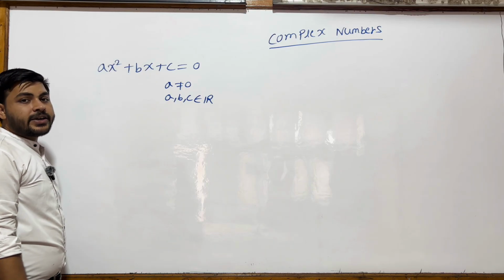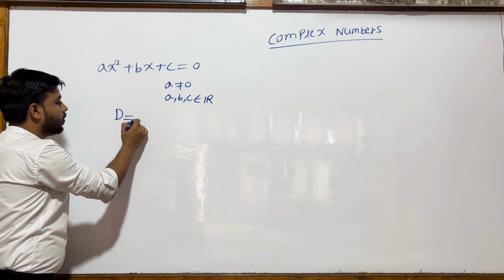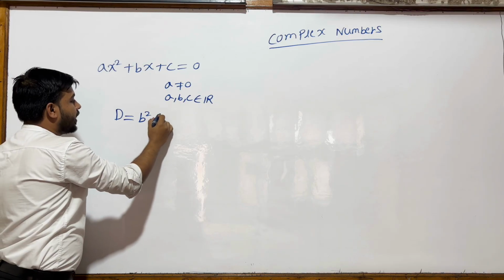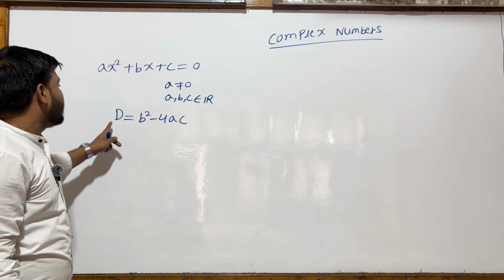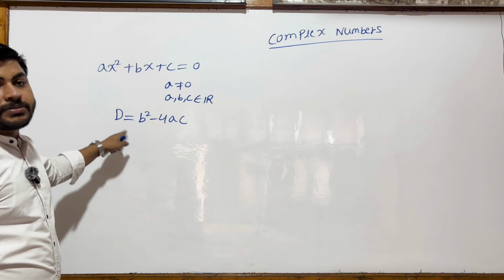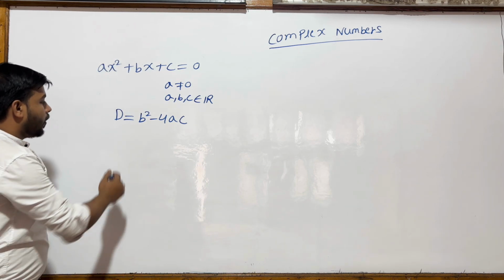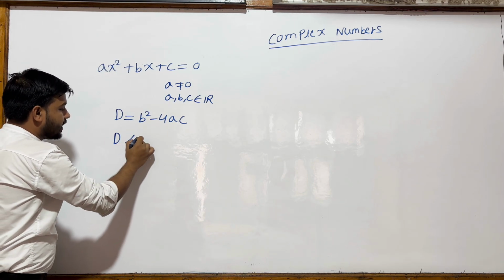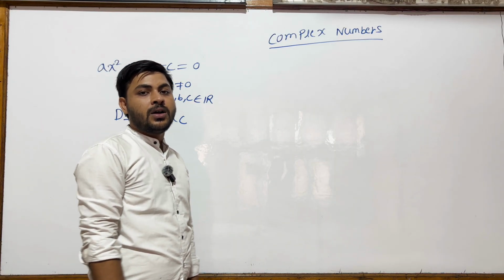What is the discriminant of this equation? The discriminant D equals b square minus 4ac. Depending upon the discriminant, there are various types of roots. When the discriminant is less than 0, the roots are not real numbers.